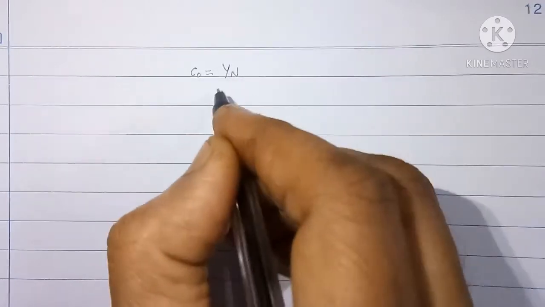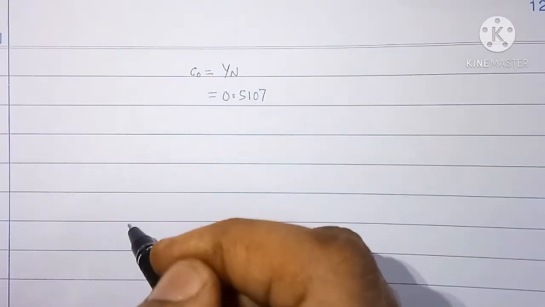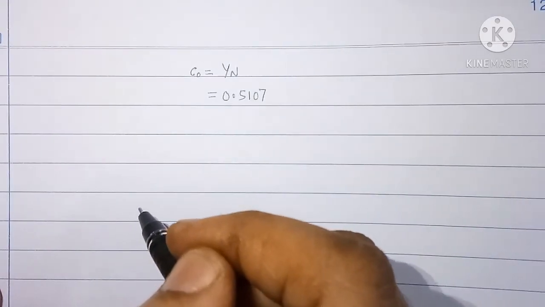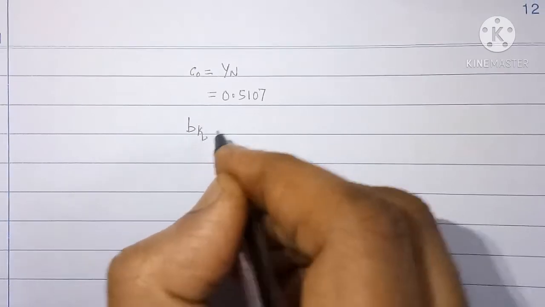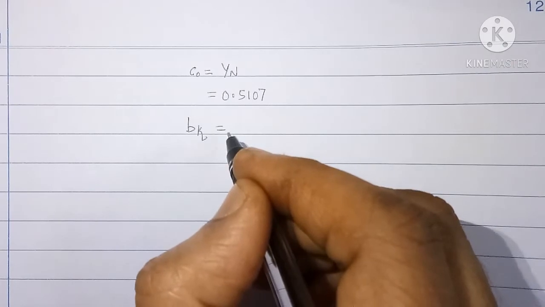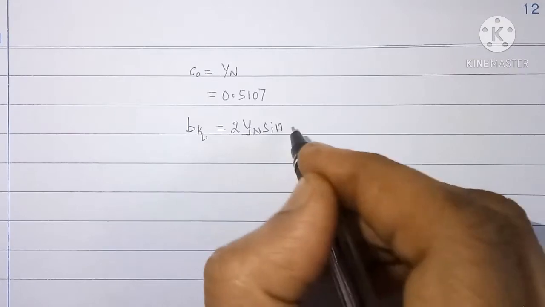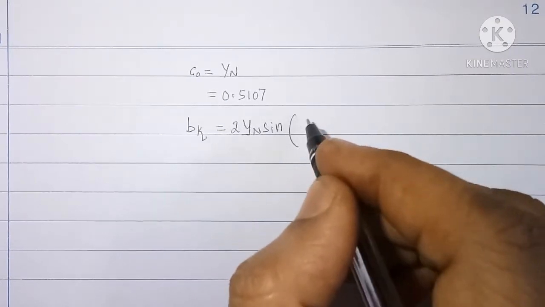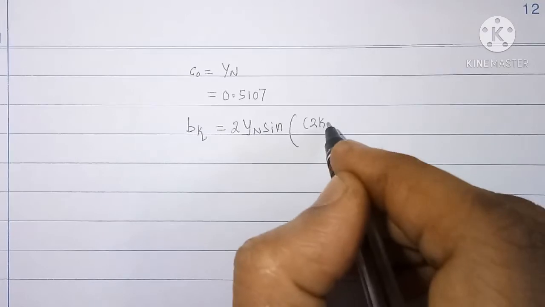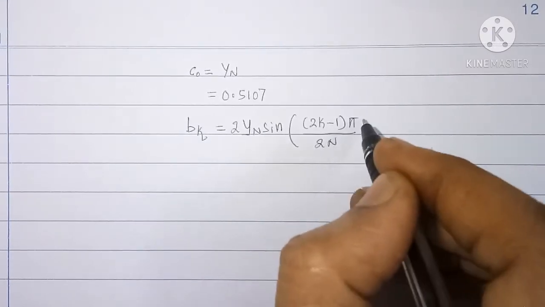In the last class, we have studied that C0 equal to yn. Therefore, C0 will be now 0.5107. Now, we have to calculate bk. bk is equal to 2 times yn sine of (2k minus 1) pi upon 2n.